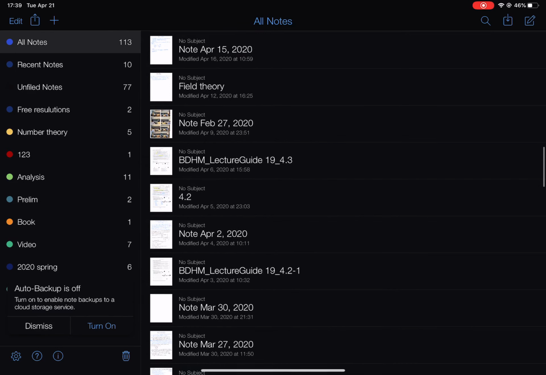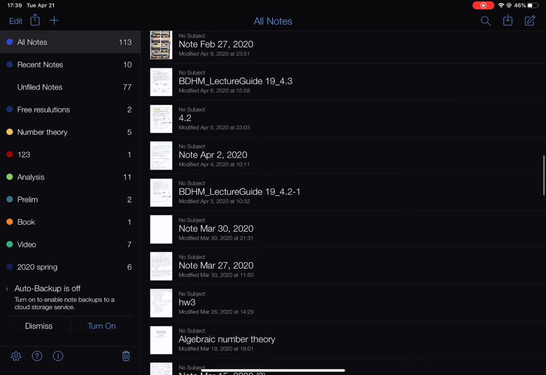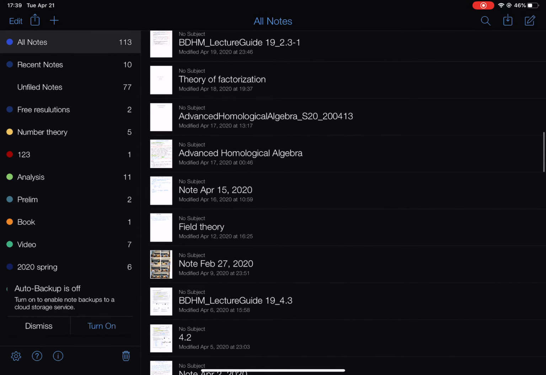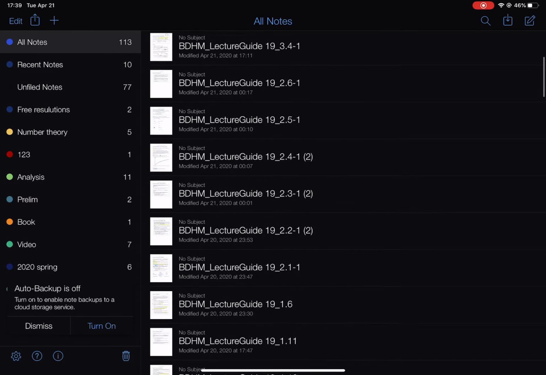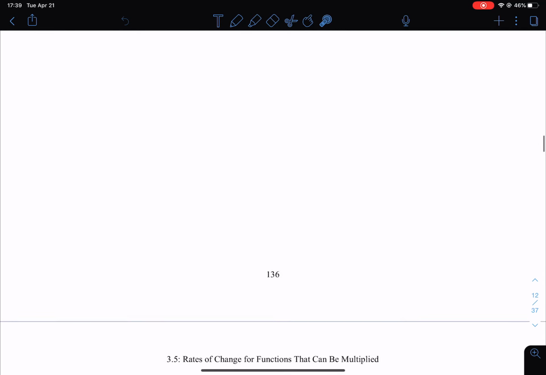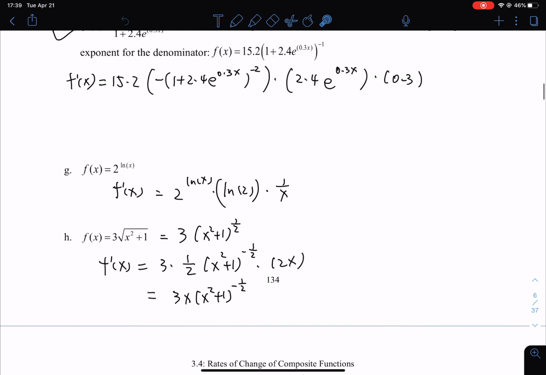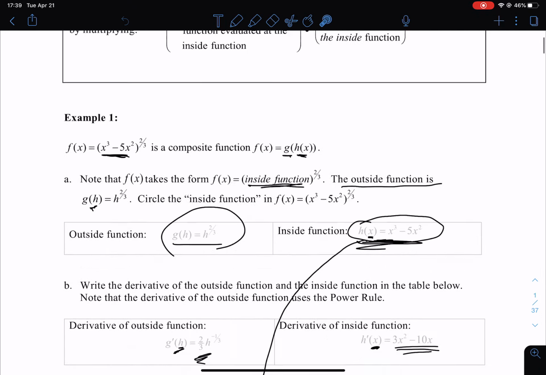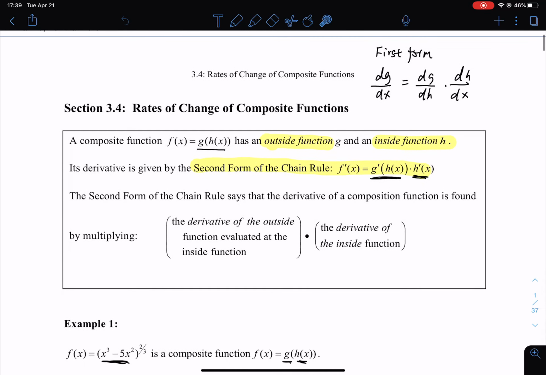So the next one, section 3.4, right here. All right. So for section 3.4, it is about the rate of change. This is pretty similar to section 3.3, but just to give you more examples.